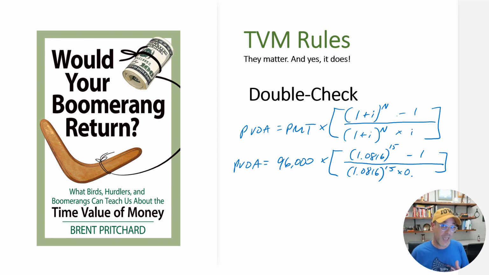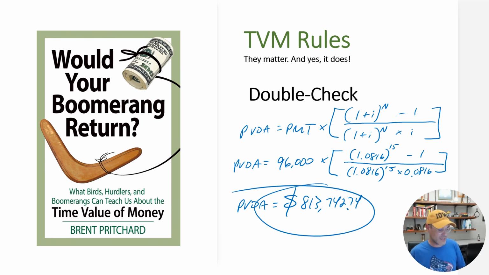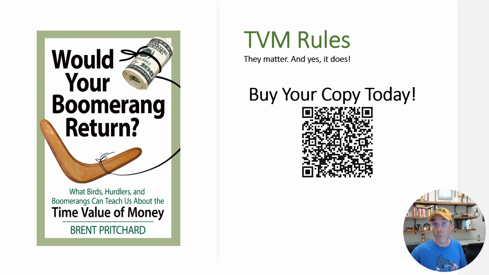Here, the true annual investment yield, 0.0816. And when we work it out, we get a value of $813,742.74. And that's great because that's the answer that we found in our TVM wallet.